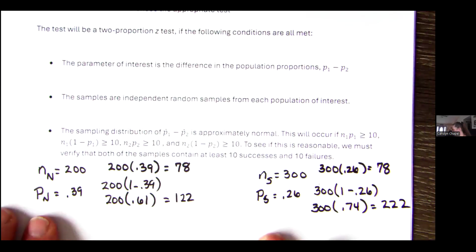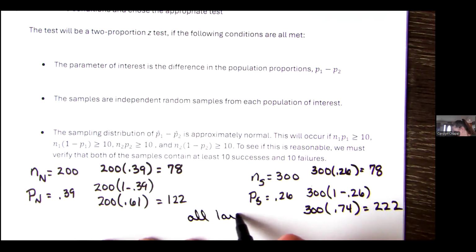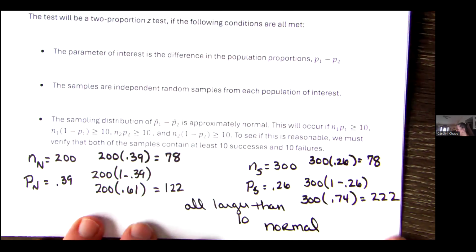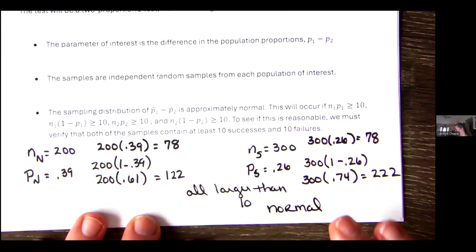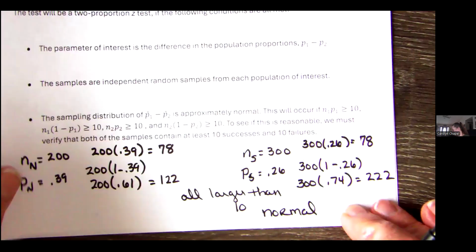Okay, so those are a little different. But notice that these are all larger than 10. So we can go on and use our normal curve, or we can do that two sample proportion test, which is what we will be using in our SALT.